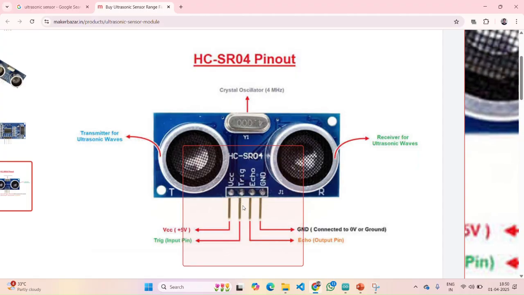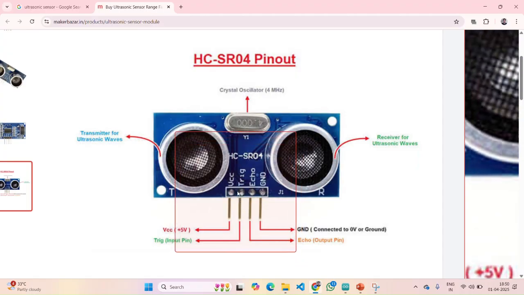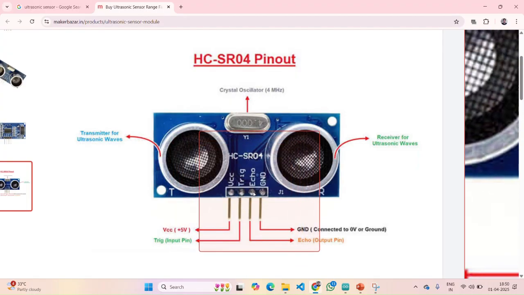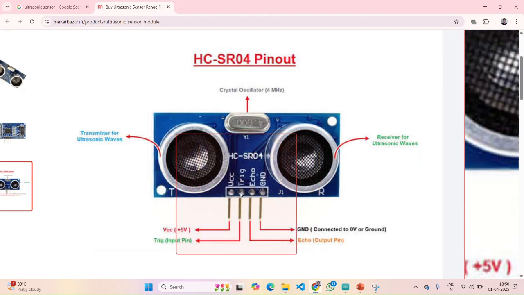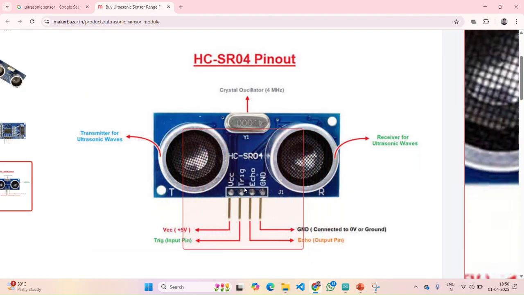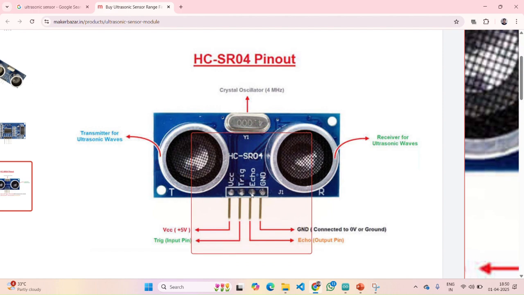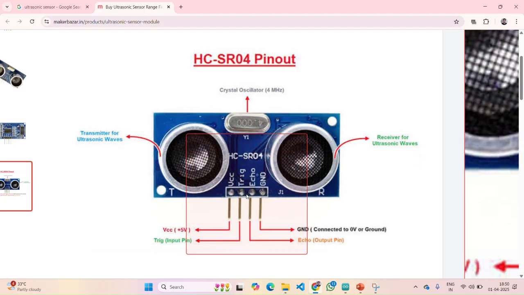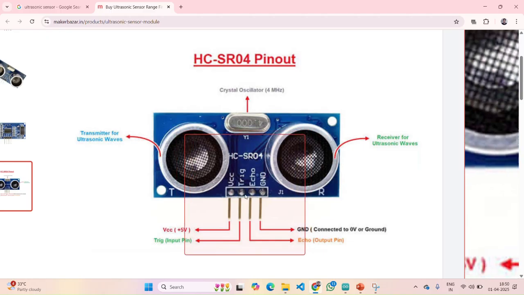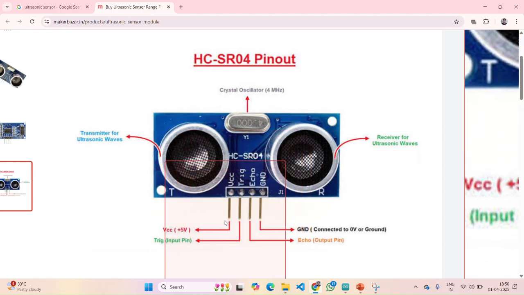Yes, it consists of four pins. First is VCC, second one is trig, then echo and ground. VCC is always to voltage and ground to ground. This echo is used to calculate the speed of sound through the air medium. That is known as echo. This acts as an input and trig will be our output pin.